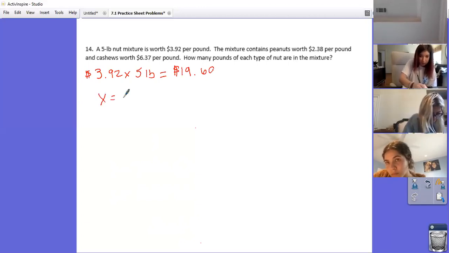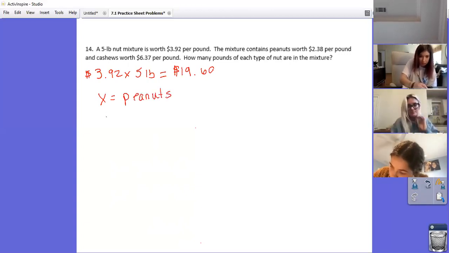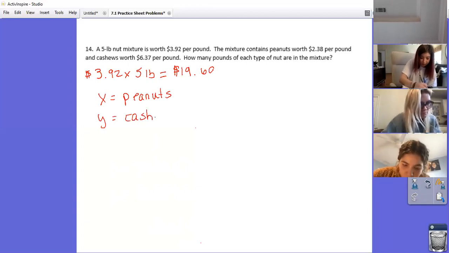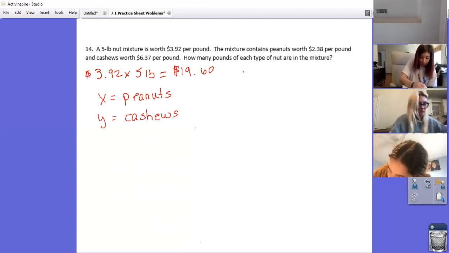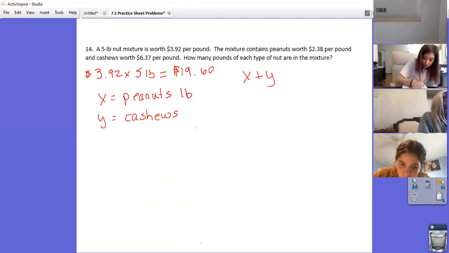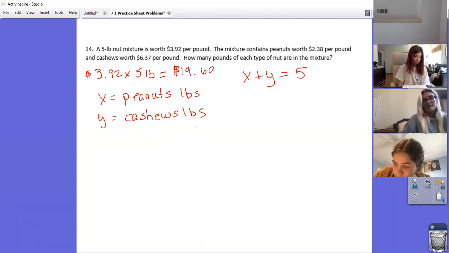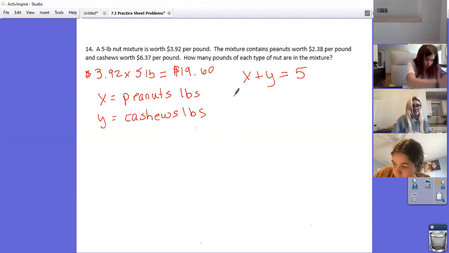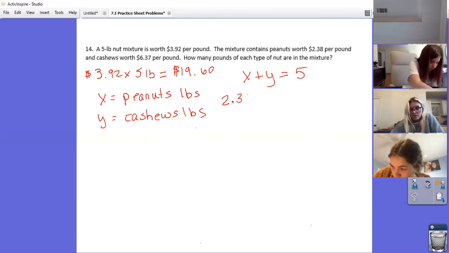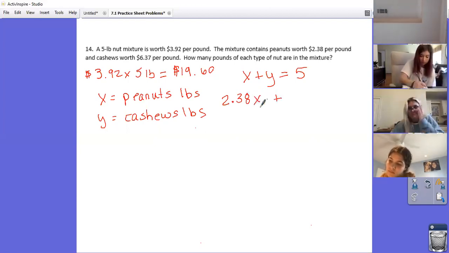We'll let X be the peanuts and Y is going to be cashews. So our first equation is going to be pounds in pounds. X plus Y should be 5 because that's the total volume of the bag that we bought. And then to get the next equation, I'm going to multiply how much 1 pound of peanuts is worth, times however many pounds we have, plus $6.37 per pound of cashews.